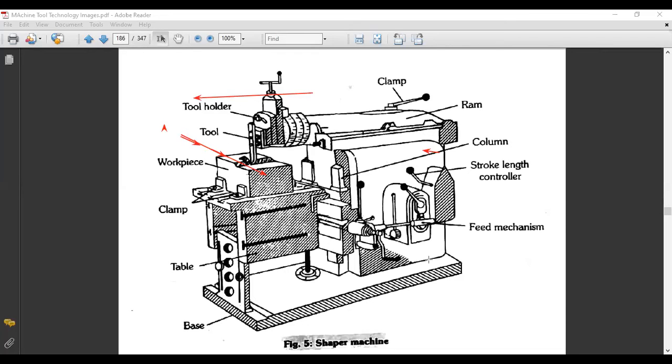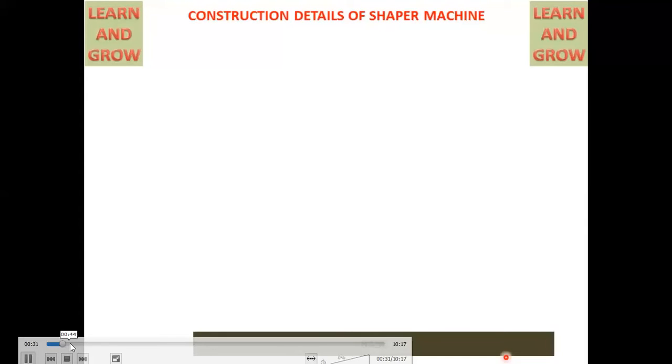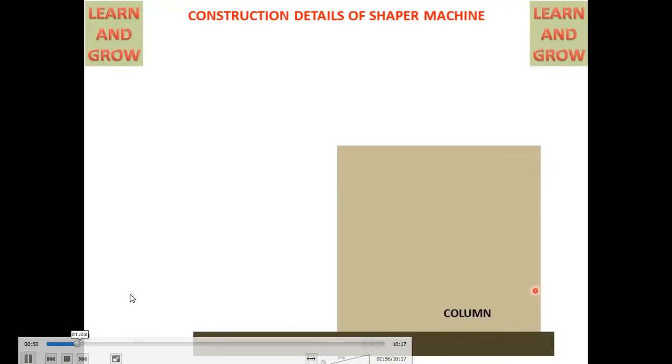So let's see how the shaper will move. I will present a video. Here is a video.